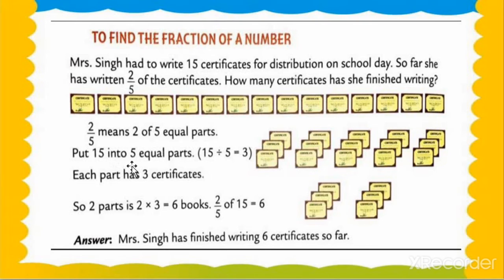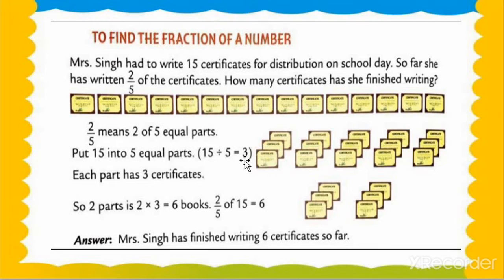Put 15 into 5 equal groups, my dear students. Put 15 into 5 equal parts means 15 divided by 5 is equal to 3. How is it possible? In table number 5, 15 will come or not, my dear students? Yes, it will come.